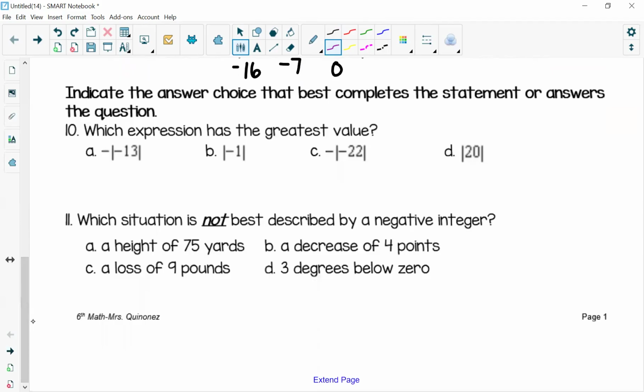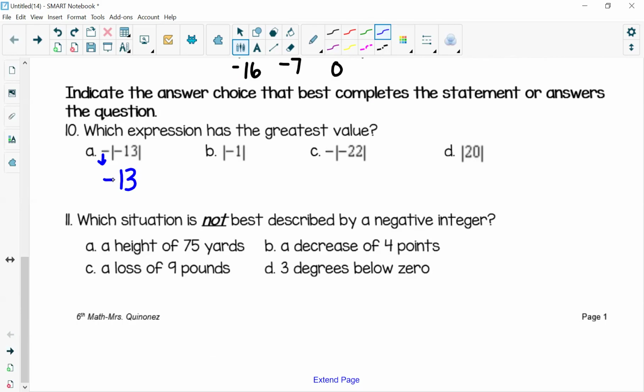All right, so it says indicate the answer choice that best completes the statement or answers the question. Which expression has the greatest value? So first off, we want to see who has the greatest value. The absolute value of -13 is 13. However, I have a negative sign outside, which means I need to bring that down. So that's a -13.